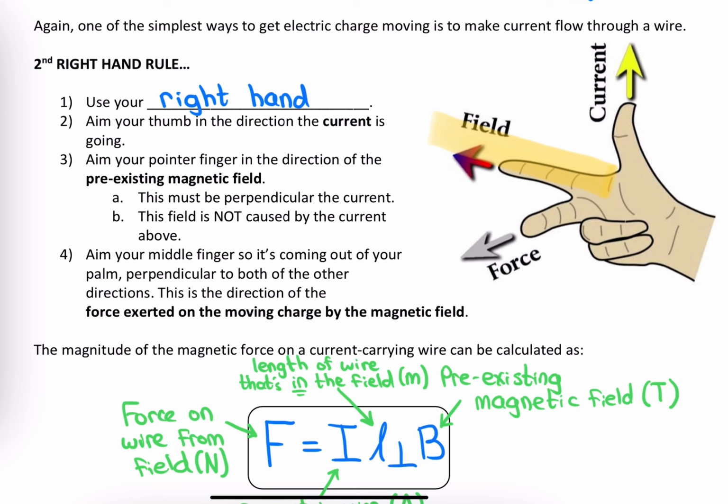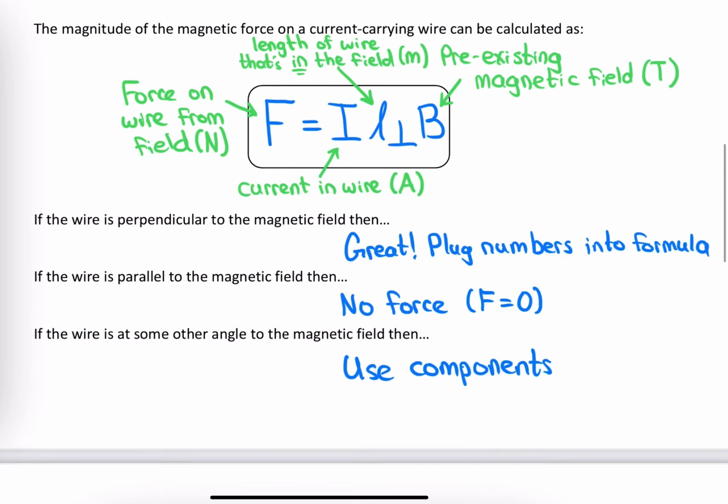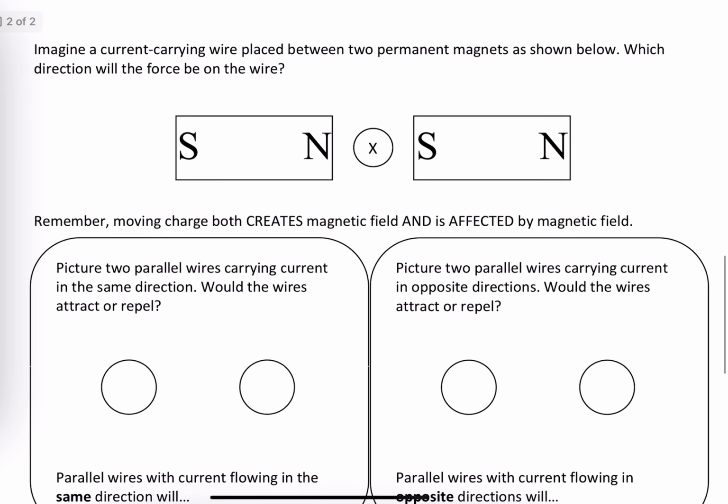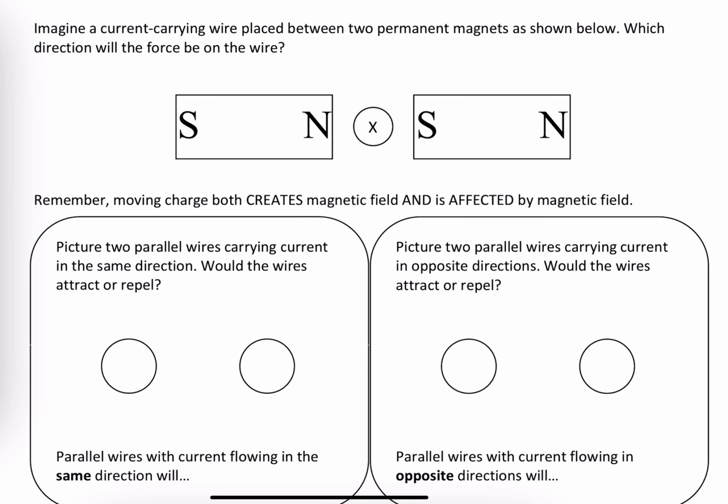Then I put my thumb at 90 degrees to my finger, and I put my thumb in the direction of the current. Then I put my middle finger at 90 degrees to both of those, and it tells me the direction of the force. If you take your right hand, it's hard for me to demonstrate this in the video. First thing we have to do is put our pointer finger in the direction of the magnetic field where the wire is.